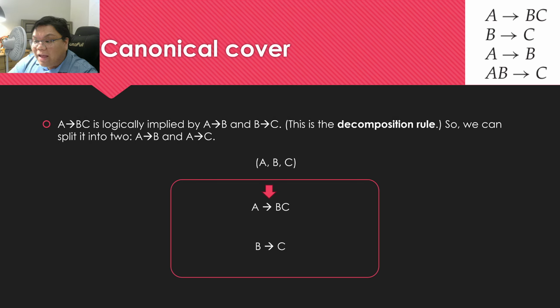So now we are left with two functional dependencies, A determines BC. We can apply the decomposition rule to get the two rules A determines B and B determines C.